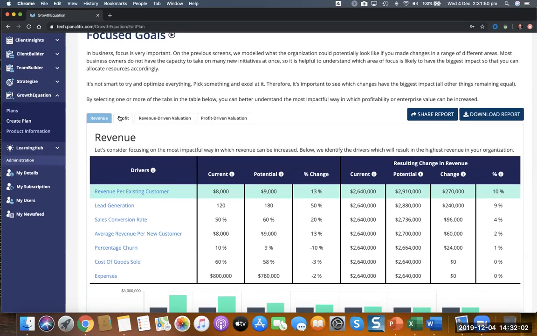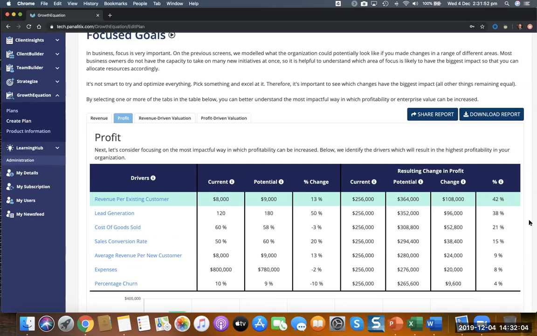So we're going to go straight to profit because that's where our clients said they were most interested. And what you can see here is down the bottom, percentage churn, expenses, average revenue per customer. If you look in the right-hand column here, the increases that can be achieved are pretty incremental, so we really shouldn't be focused there. Similarly, sales conversion rate.